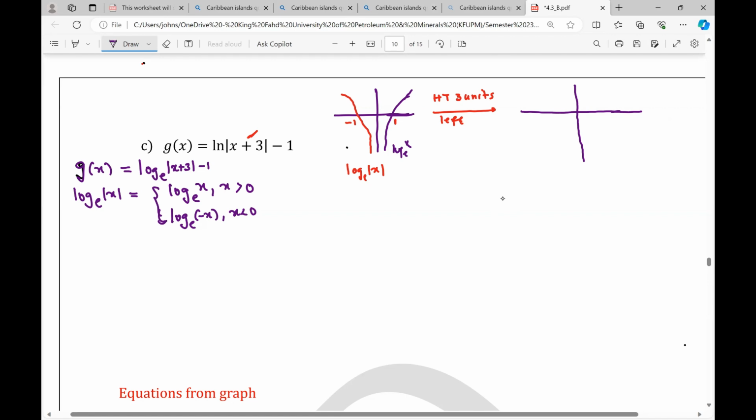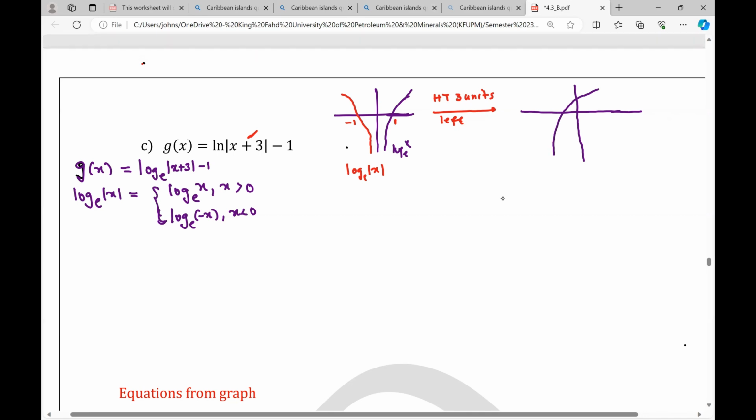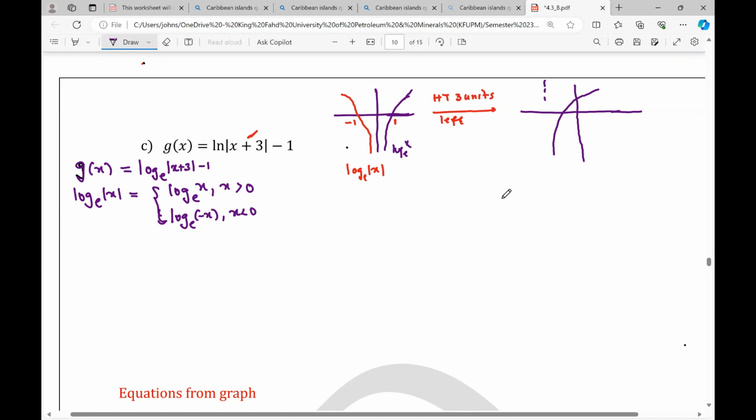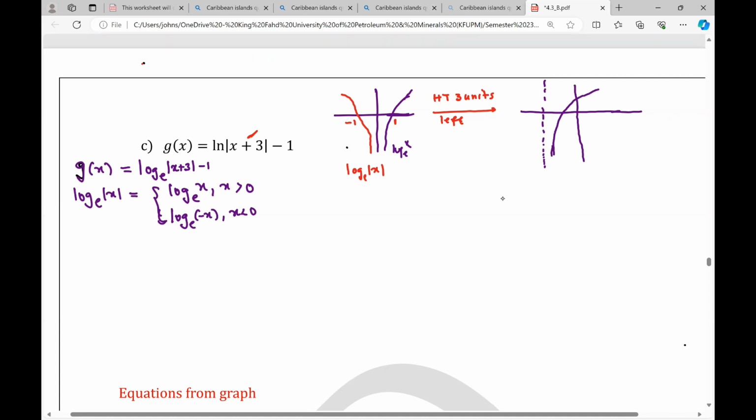If you move it twice, it will be at minus 1, and then at minus 2. So it's going to cut something like this. In that case, our vertical asymptote will change. Our vertical asymptote now is going to be the line x equals minus 3, because here will be at minus 2. Remember, you move it 3 units from 1 to minus 2.